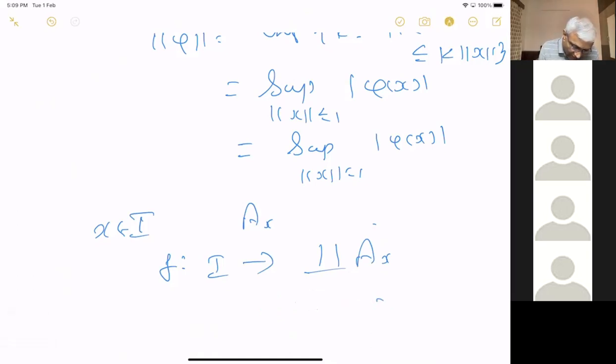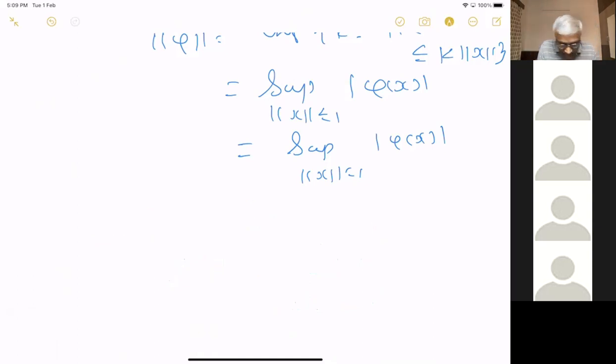We are not going to discuss this axiom of choice, but it is assumed in mathematics. This axiom of choice is equivalent to something called Zorn's lemma. You can assume Zorn's lemma and prove the axiom of choice, or prove Zorn's lemma from the axiom of choice. You can assume one of them and then prove the other.